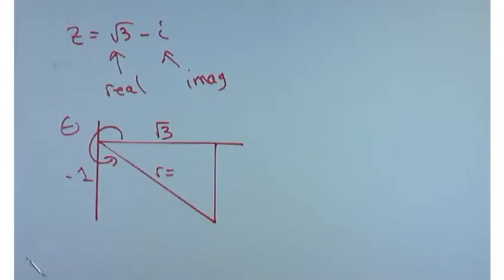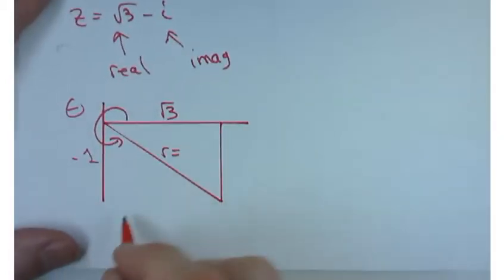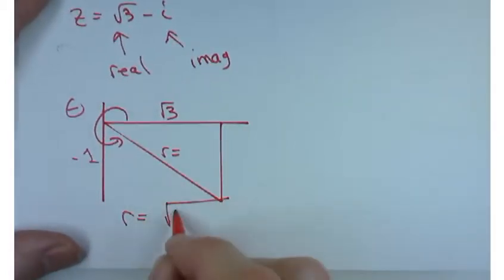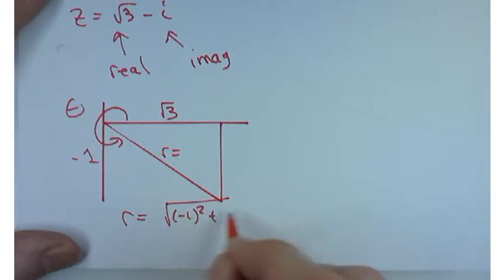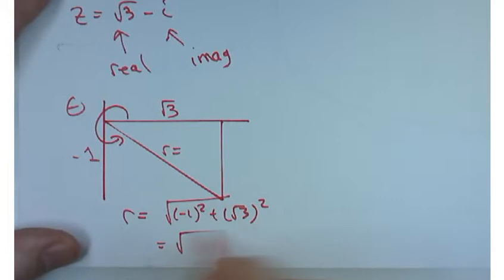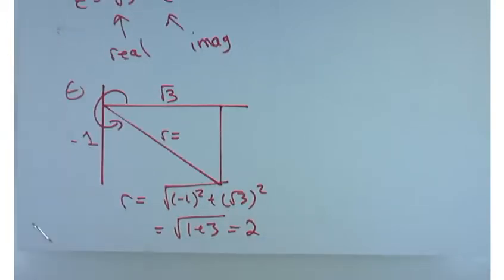Start with r. How should I find r? Pythagorean theorem, right? r is just going to be the square root of negative 1 squared plus square root of 3 squared. The square root of that gives me 2.